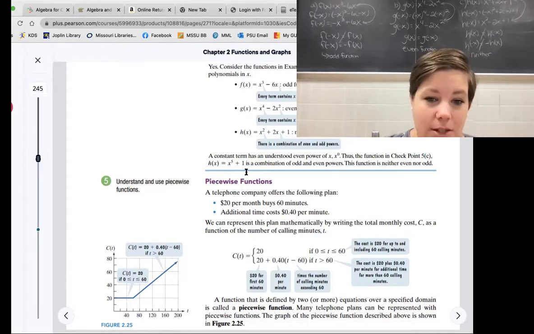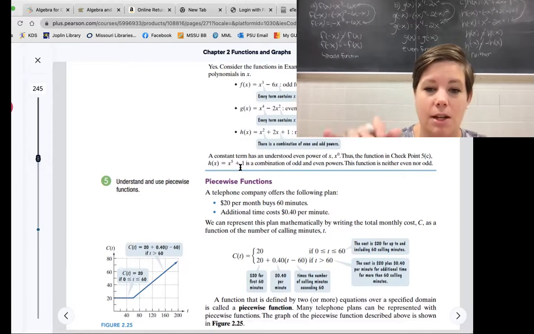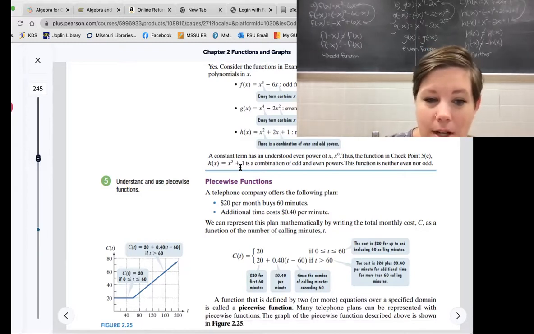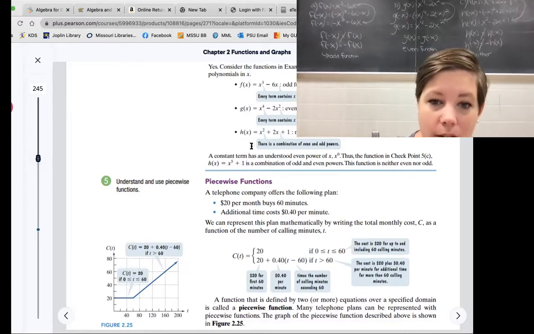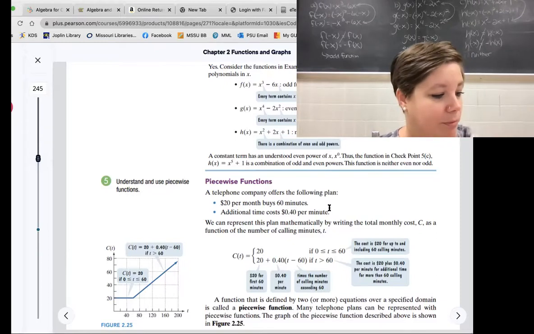That is where it gets a little tricky. That is why it is still good to plug in the negative x, but in general, you can look at the equations and determine if it's even, odd, or neither.